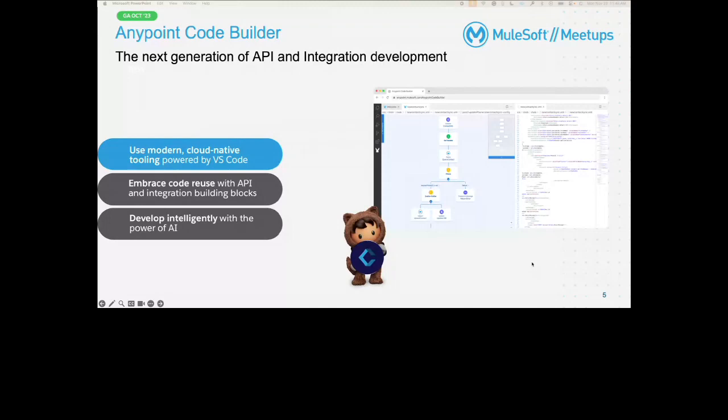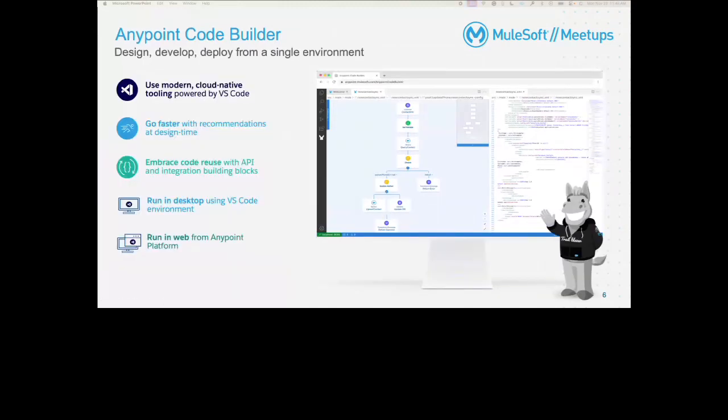But before we get there, we'll first try to understand what Anypoint Code Builder does right now. What is the basic functionality of Anypoint Code Builder, right? With Anypoint Code Builder, you can design, develop, and deploy from a single environment.